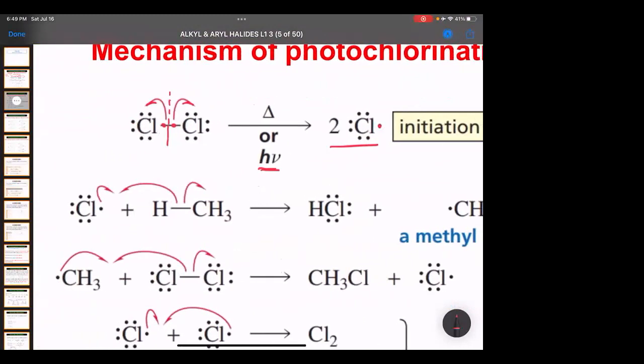Now these Cl radicals, what will they do? Because they are very unstable and do not have a complete bond, they have a tendency to attack other species and snatch away some atom so that they can complete their bond. Methane is taken here. So the Cl radical will get attached to hydrogen. It will take only a hydrogen atom; a hydrogen radical is not formed.